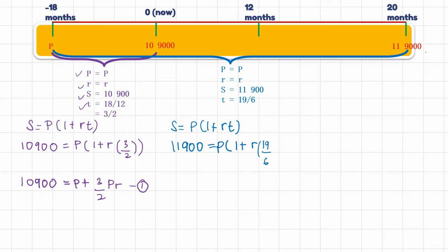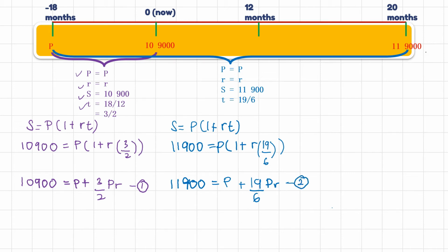Just put in brackets. Simplify the equation and we will get 11,900 equals P plus 19 over 6 PR. This is our second equation.